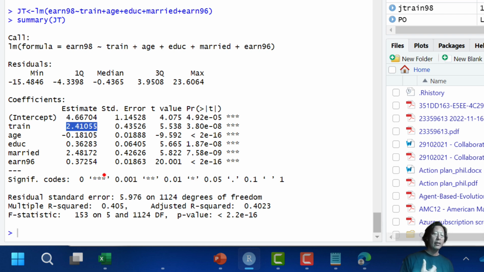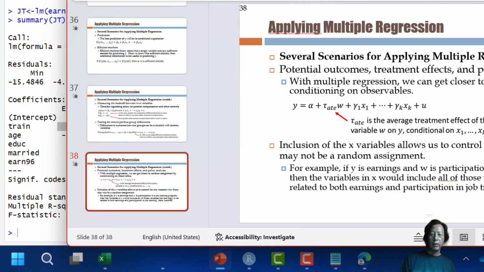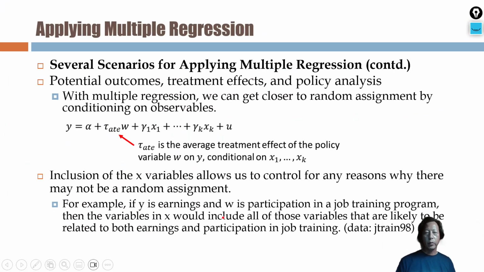In that case, how can I take out the other factors and get only the specific treatment effect of the training? Then you should use a regression and apply all the factors. You can take out the effect of other factors, so that you can find only the interested factor. What will be the effect of that? Okay, that's it.